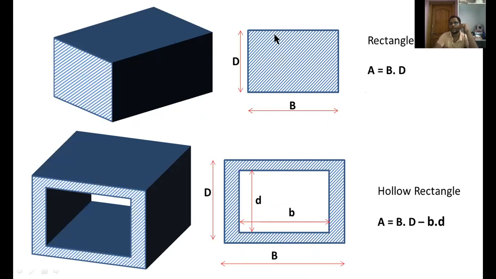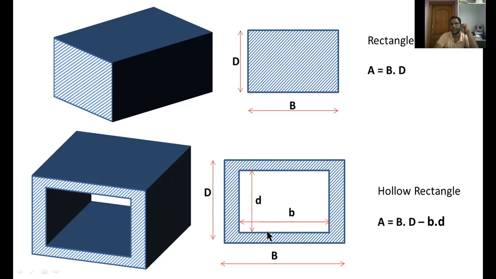Now this is a solid rectangle. This is a solid rectangular bar having a rectangular cross section, with dimensions base capital B and depth or height capital D. Therefore the area for a solid rectangle, capital A, equals base into height, that is B into D. If you consider a hollow rectangular bar, then capital B is the outer base and capital D is the outer height of the outside rectangle, and for the inner rectangle, small b is the base and small d is the height.